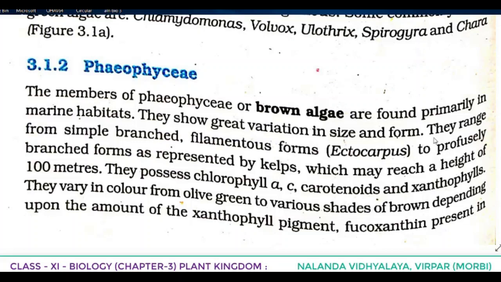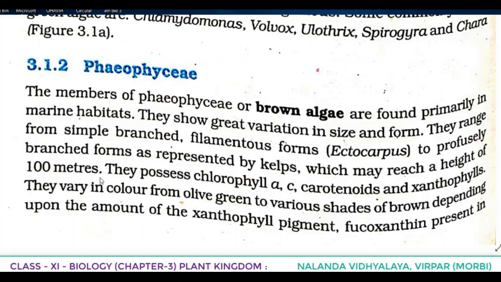They range from simple branched filamentous forms, as in the case of Ectocarpus, to profusely branched forms, profusely means very greatly branched, as represented by kelps, which may reach a height of 100 meters. So here that point is discussing the variation in size and form.